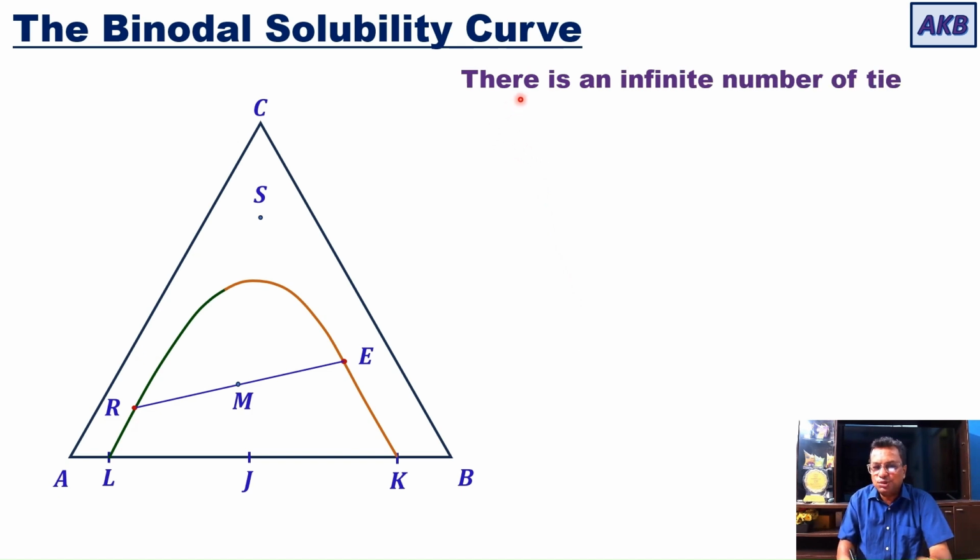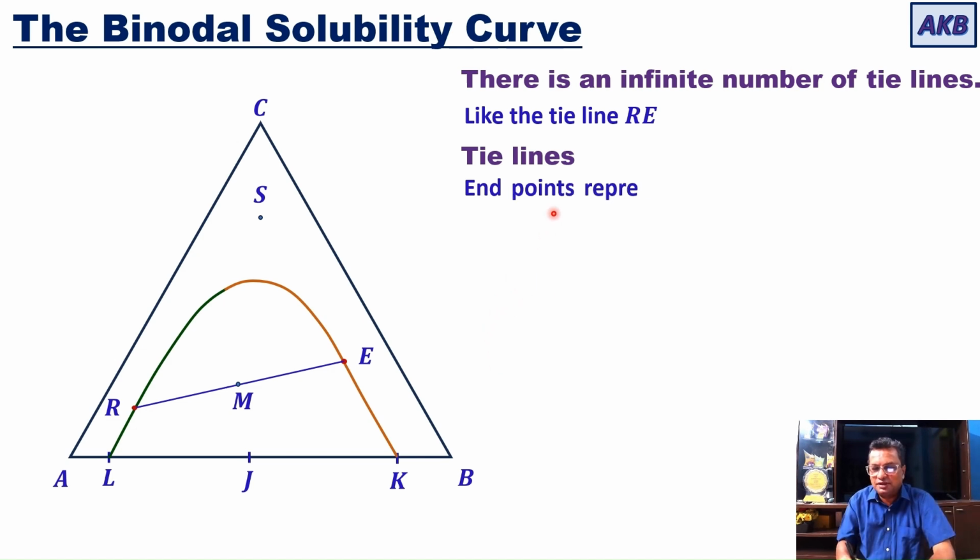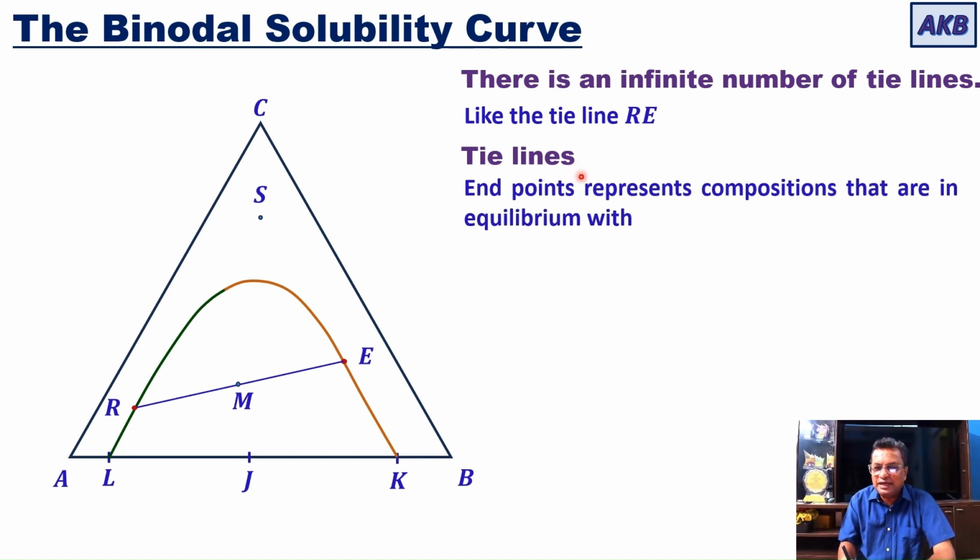Having understood what a tie line is, let us also remember that there is an infinite number of tie lines on this binodal solubility curve, like the tie line RE that we have shown here. The end points of these tie lines represent compositions that are in equilibrium.